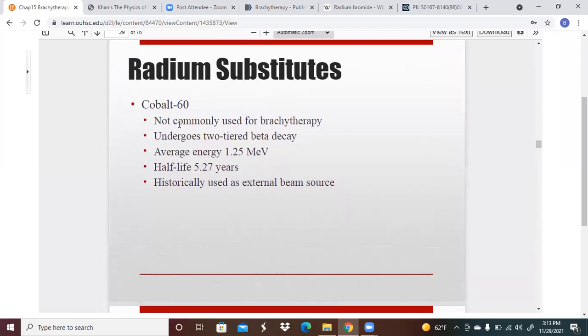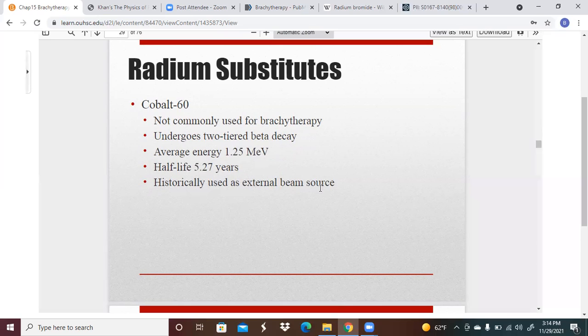Other radium substitutes, you're looking at cobalt-60. Not really used that commonly for brachytherapy. It does undergo a two-tiered beta decay. You have two different energies that, if you take the average, is about 1.25 MeV. The half-life is about 5.25 years.